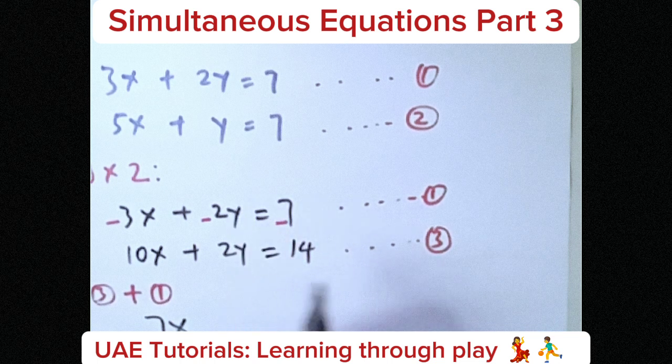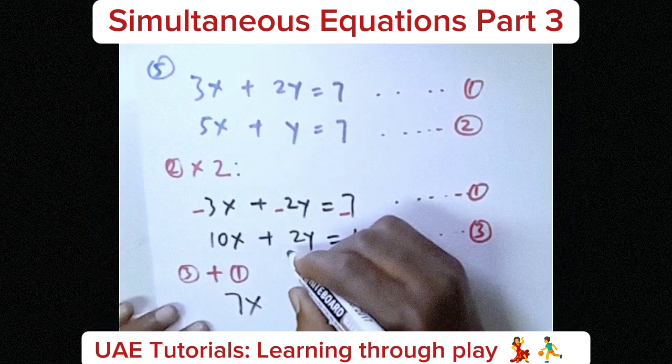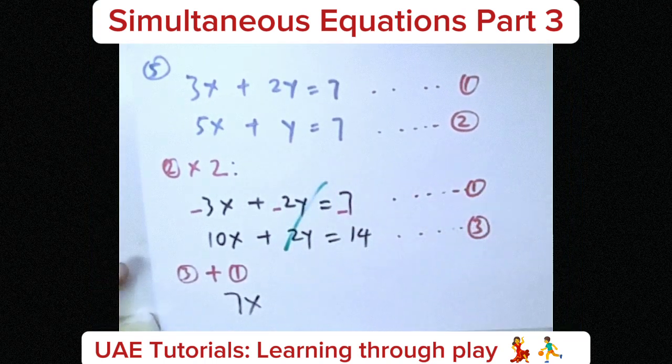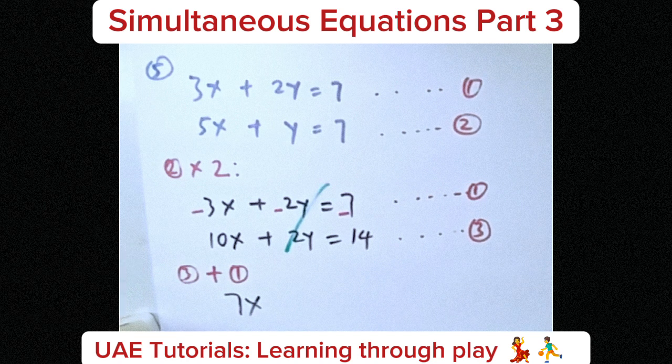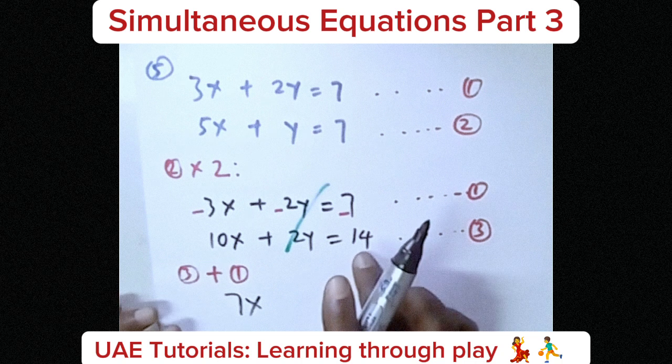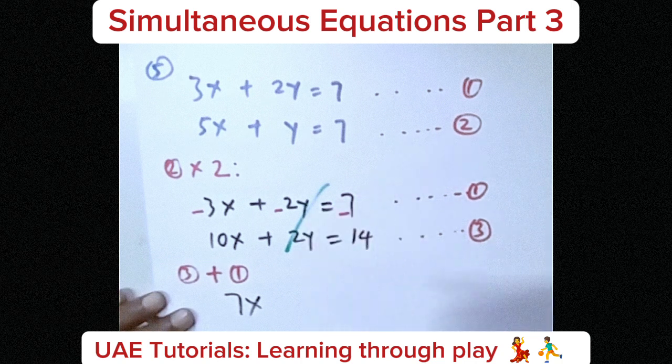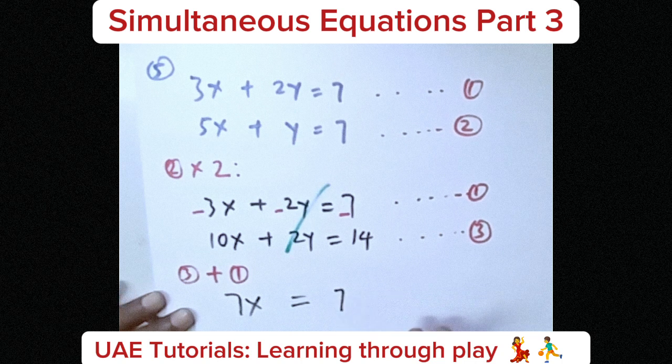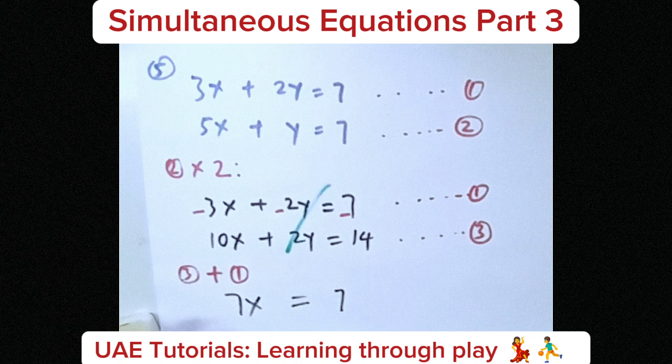And the y terms will just go away. These y terms will cancel themselves out, as you can see. Then 14 plus minus 7 gives us 7. Hooray! 7x equals 7.